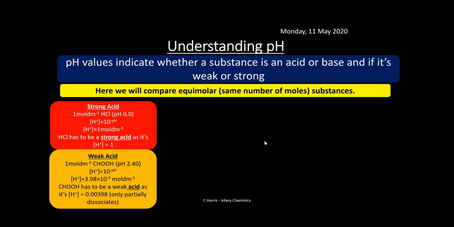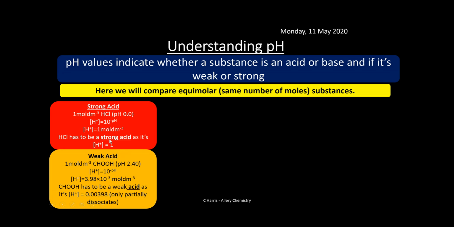So let's look at a weak acid. We take the same concentration of methanoic acid here. This is a pH of 2.4. We calculate the concentration of H plus, and we get this value here. Now CHOOH has to be a weak acid as its H plus concentration is 0.0398 rather than 1.